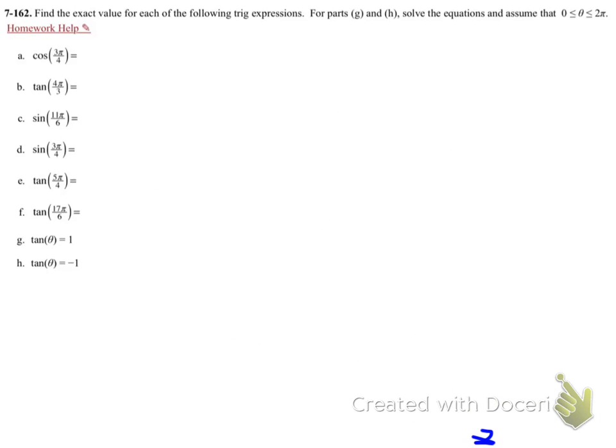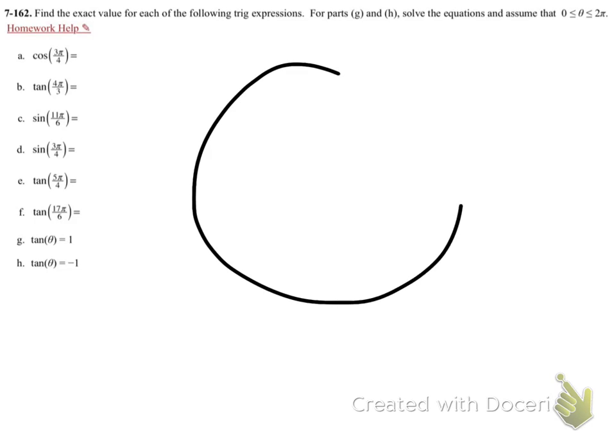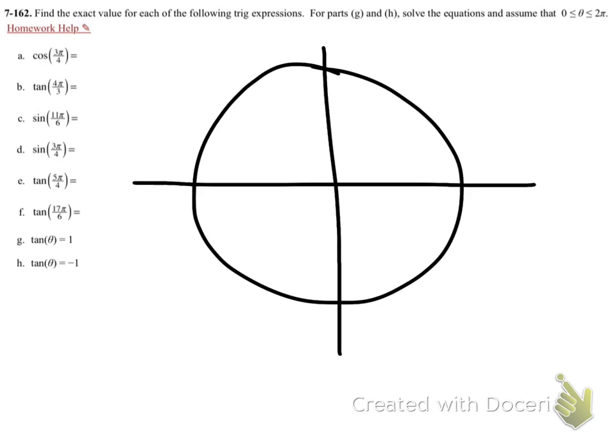So looking at problem F, I now have a little bit of a different type of radian measure. 17 pi over 6. So with pi over 6 as my reference angle, 6 pi over 6 right here, 12 pi over 6, as we talked about in problem C, is right there.